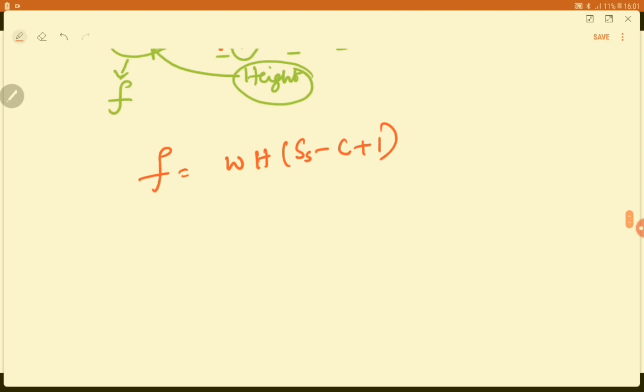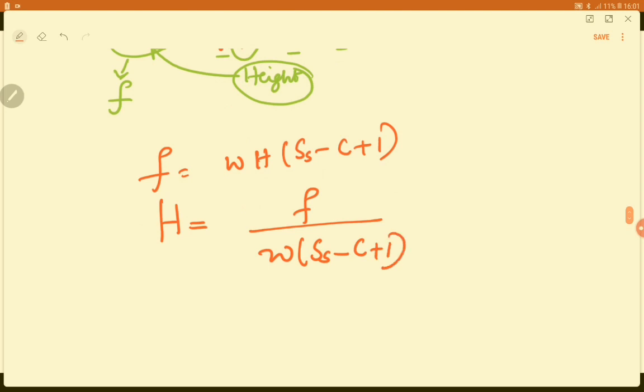Where F is the maximum allowable compressive stress of the dam material. And you can find H is equal to F divided by W into (SS minus C plus 1).